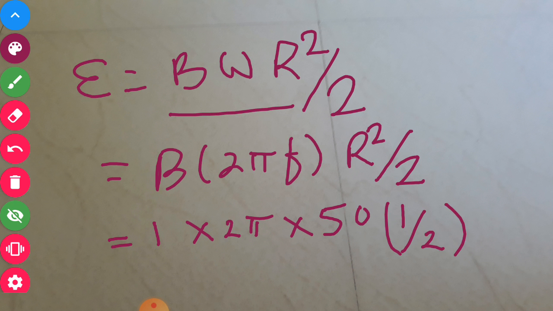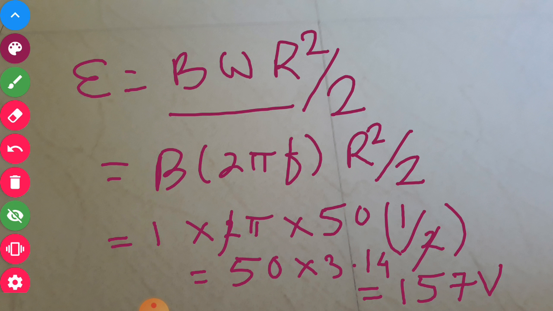The 2 and 2 cancel out, so you will have 50 pi, which is 50 into 3.14. This will give you about 157 volt.